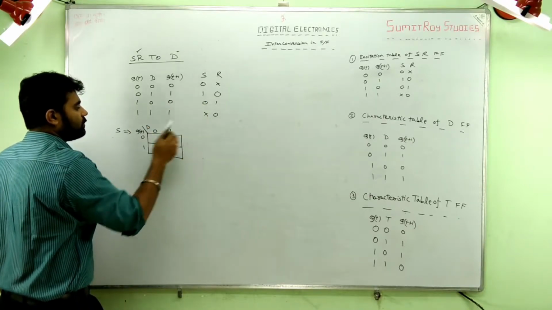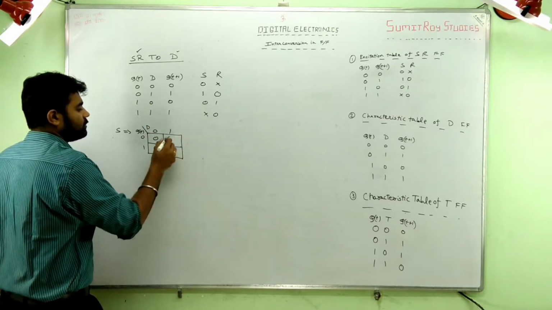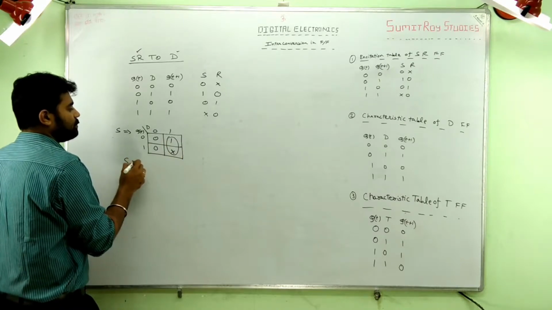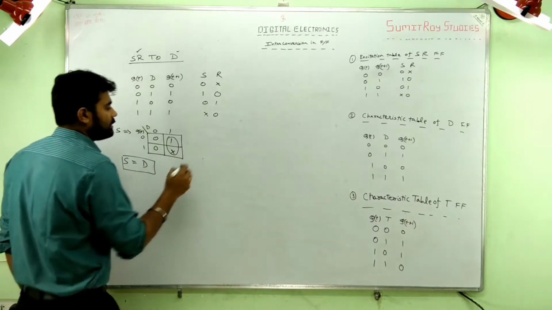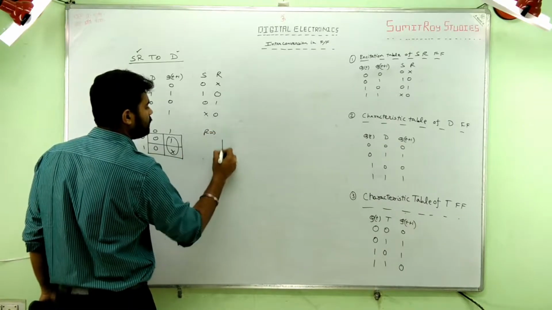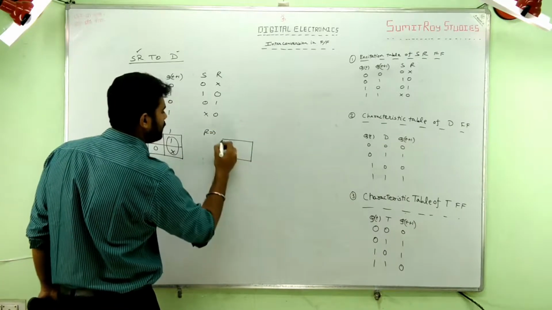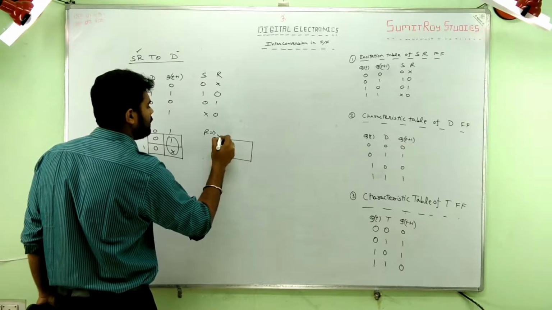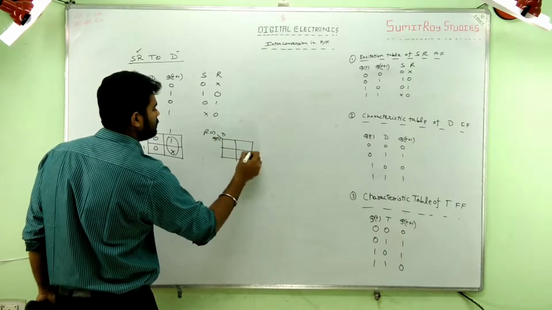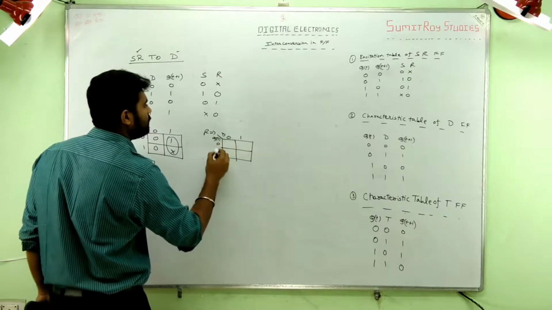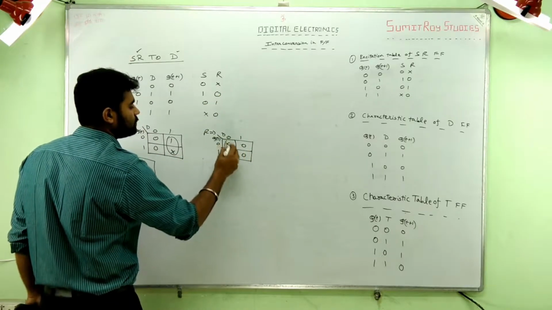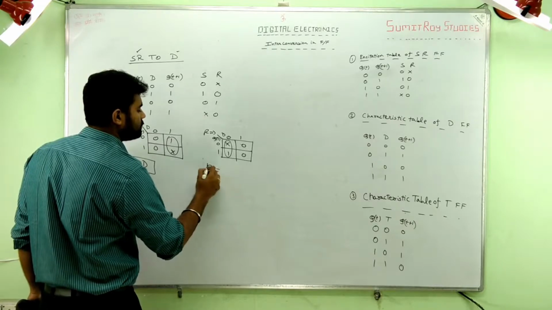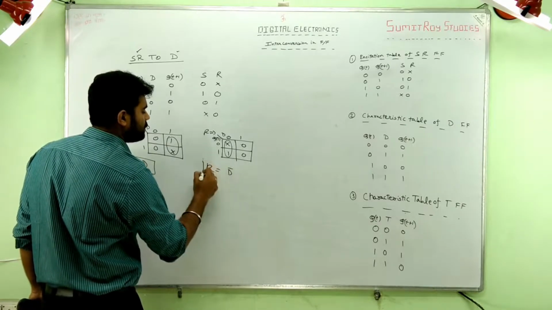We are having 0, 1, 0 cross for S. This is the possibility, so S becomes equal to D. And similarly for R, if we do the reduction with QT and D, for R it's cross 0, 1, 0. So R is D bar.